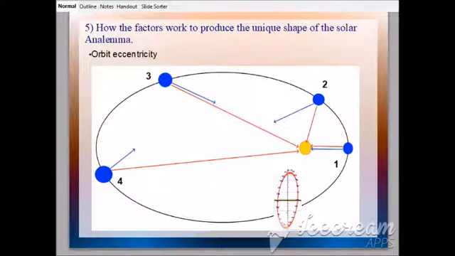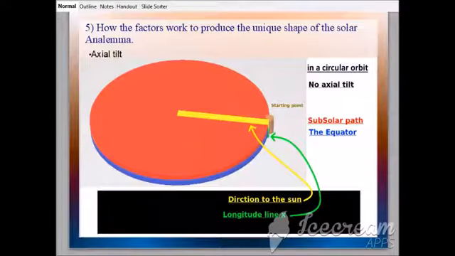Now the second thing is axial tilt. How the axial tilt gives this figure of 8, a perfect figure of 8 without the eccentricity. So to start, I'll presume a circular orbit and no axial tilt. As you see here, there are two disks on top of each other, the subsolar path and the equator. Actually, I'm interested just in the outer rim of these disks.